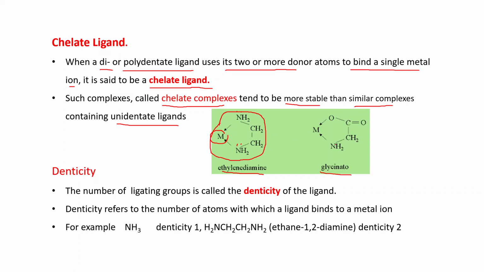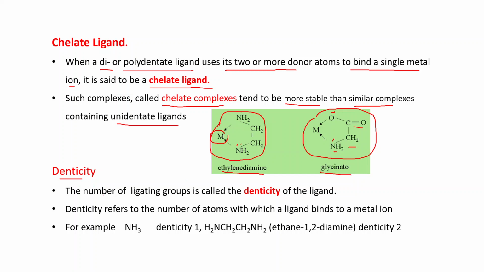Okay, this nitrogen and this oxygen donate a pair of electrons and form a ring-like structure. That's why this ligand NH2 CH2 COO, this is glycinato. These are the chelate ligands, and these complexes are known as chelate complexes.